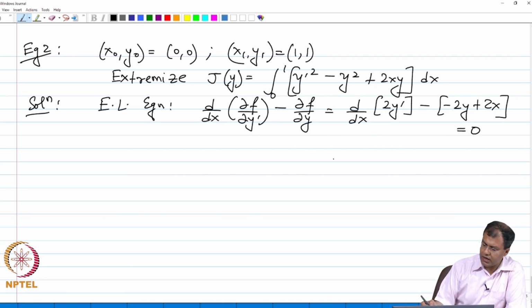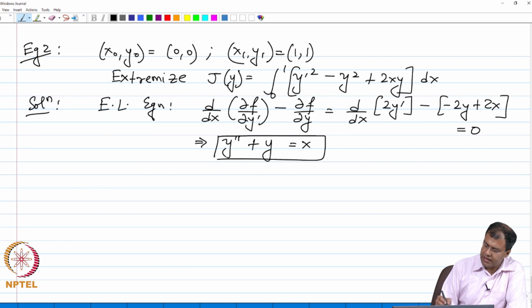The equation reduces to the following linear ODE, y double prime plus y is equal to x, right. This is a non homogeneous ODE.